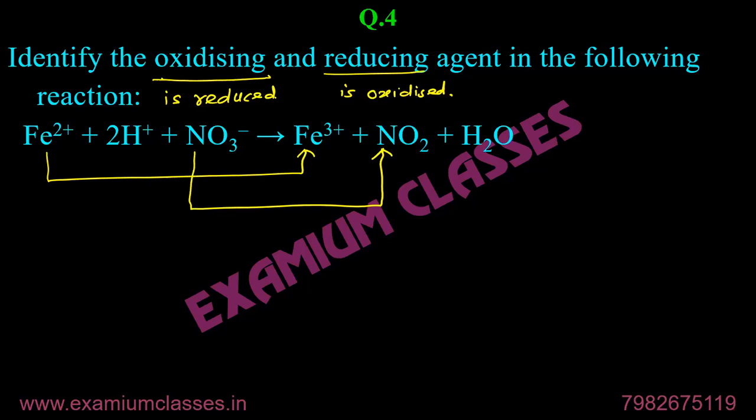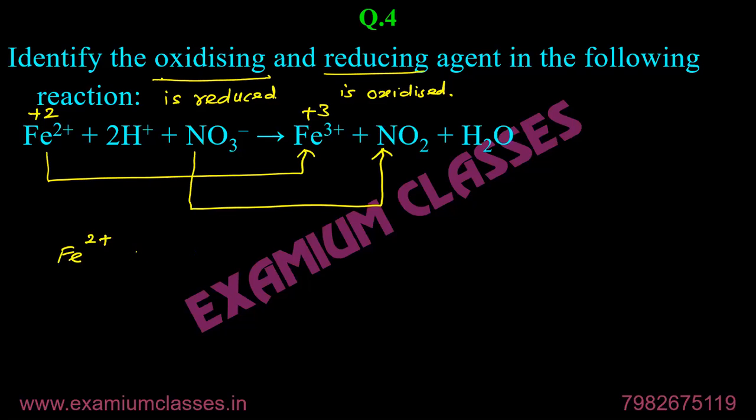Okay, now look here, those who are still not clear, just look. Fe2 plus ionic state, oxidation number plus 2. Fe3 plus oxidation number plus 3 means oxidation is taking place.